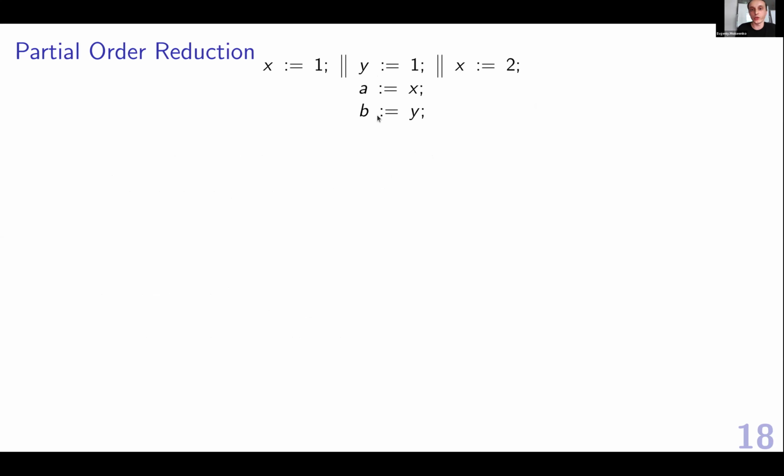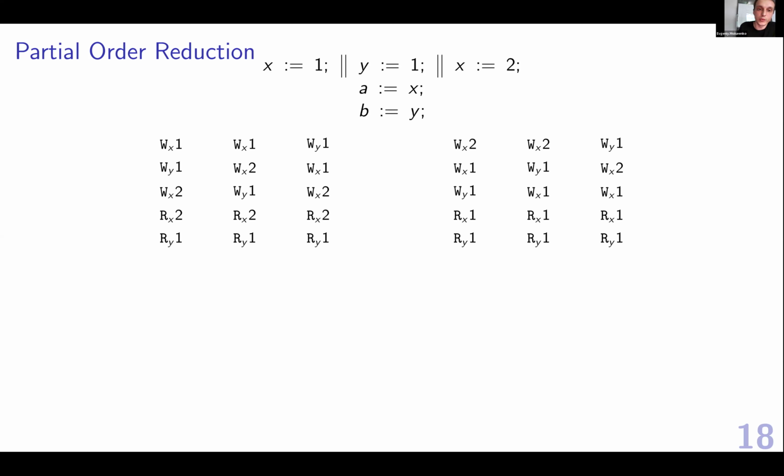Then we have another thread that happens after all these 3 threads, and it just reads the state of the memory. The simple model checker algorithm will just enumerate all possible interleavings, all possible traces of this program. There are 6 of them, because the operations in the three threads can execute in different orders.